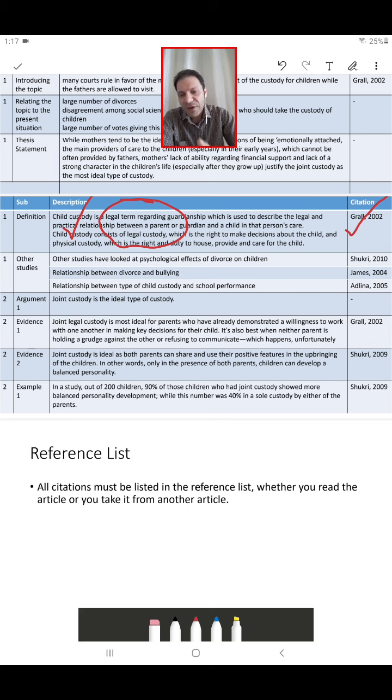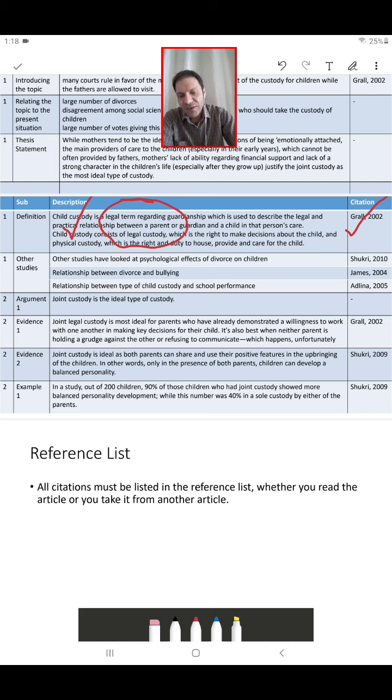Now, something very, very important, everyone. Please, please, please, don't forget the reference list. So the reference list must come at the end of your outline, at the end of your draft, at the end of your term paper. Everything you write, you must provide the reference list that I am going to teach in future sessions.